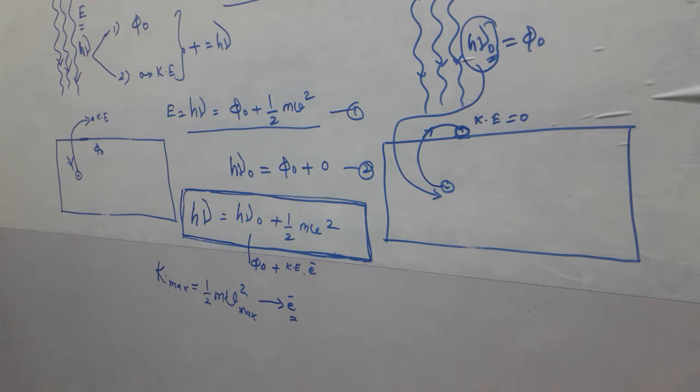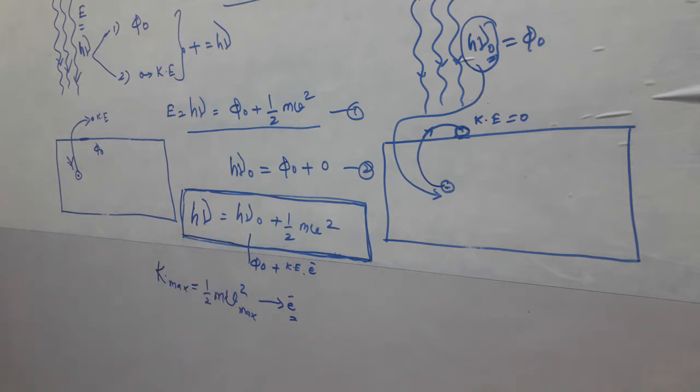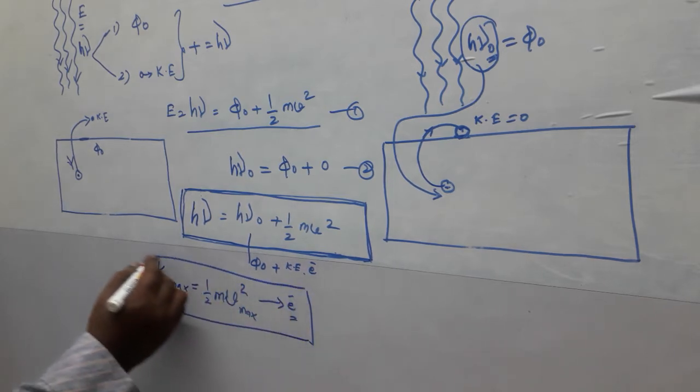Now, substituting the value of K maximum in the equation, we can obtain some other equation, but it is not necessary here, because here we want to get two results.